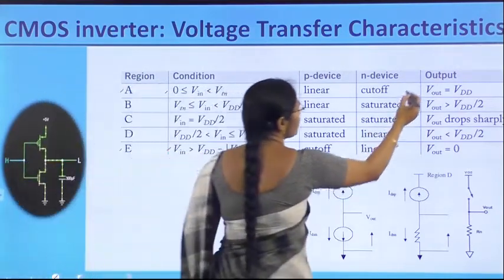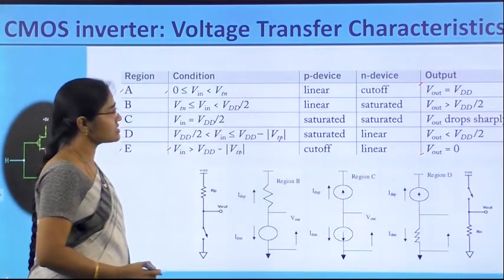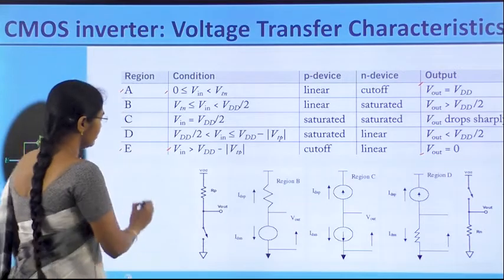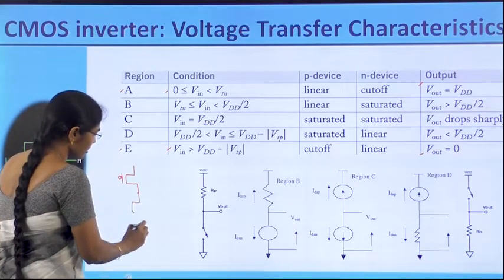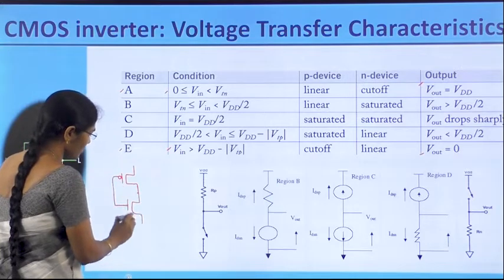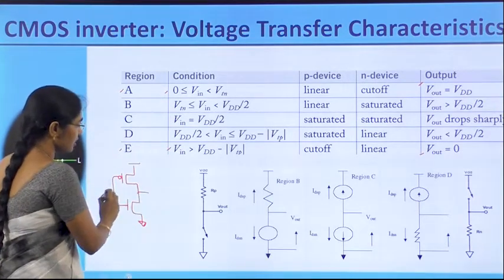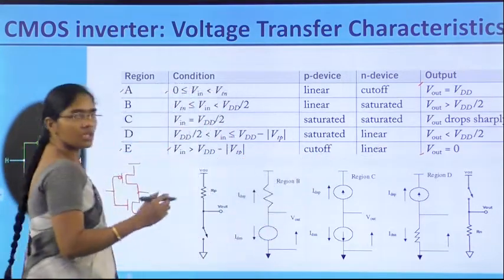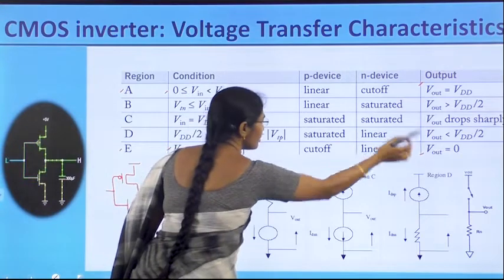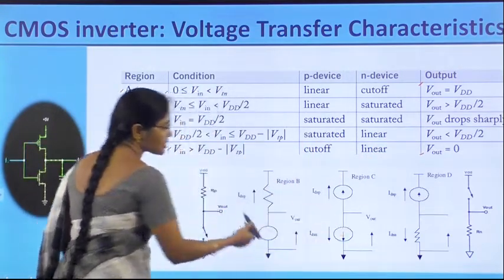Now, the output values for the inverter are these. Means, if we take our CMOS inverter and substitute the different input values of these 5 regions, then the NMOS and PMOS transistors will be in these regions. Then the output voltage is given, and for these regions the equivalent circuits are represented here.